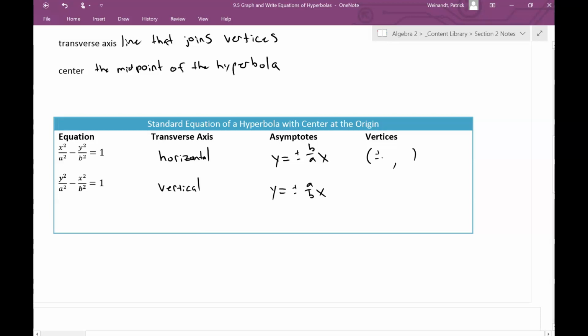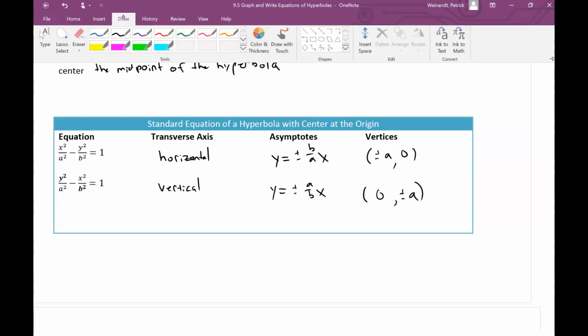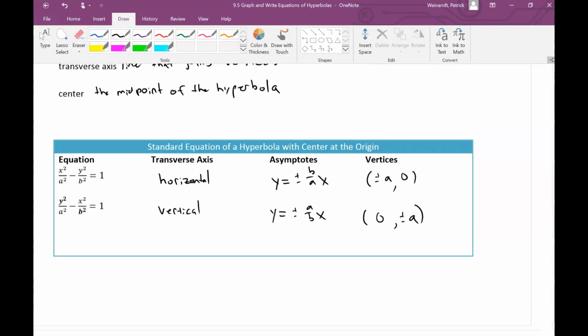So it's going to be plus or minus a, and then 0. It's on the x-axis. If it's a vertical transverse axis, then your vertex is going to be 0, and then plus or minus a. And actually, I kind of want to do some color coding. So let's go back and do some color coding here.